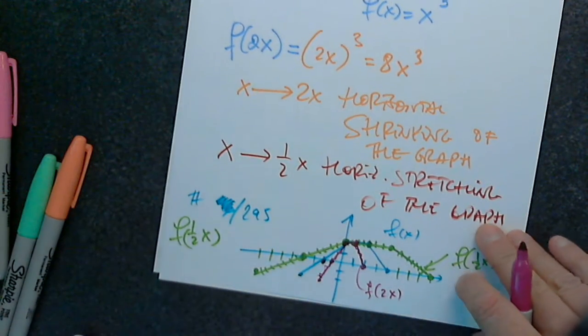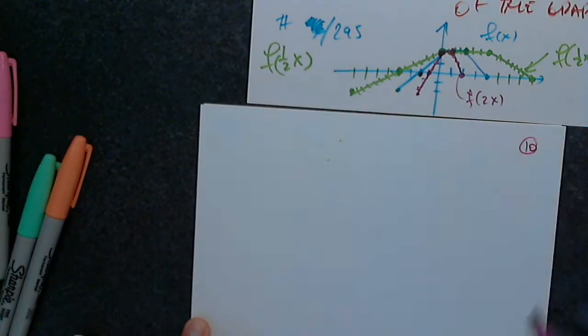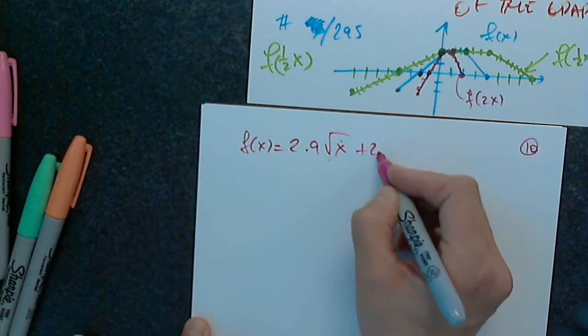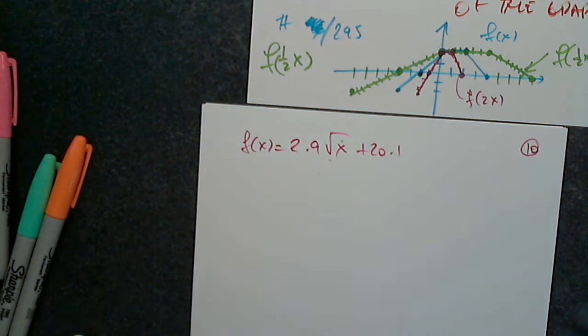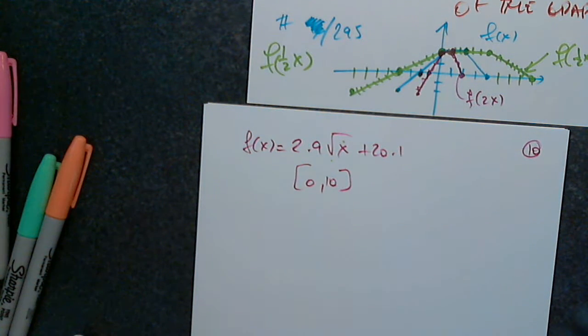You had a similar problem on this test. So the function is 2.9 times the square root of x plus 20.1, and they're asking us to find the average rate of change between birth and 10 months, between 0 and 10 months.